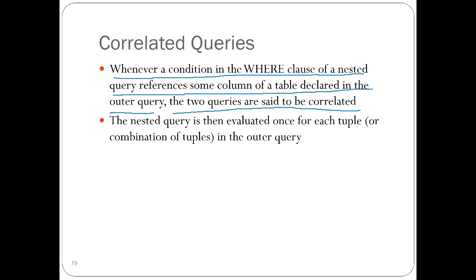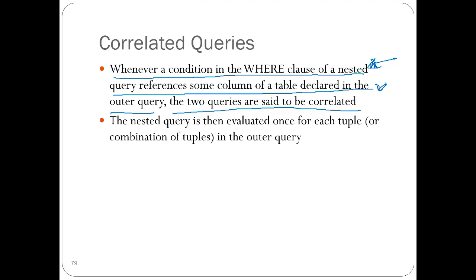But the inner query was kind of independent, and that's how we were doing it, right? We were trying to decode the inner query and then we were going outside. But in case of correlated queries, it is slightly different in the sense that the where clause of the nested, meaning the inner query, would be referencing some column of the table in the outer query.